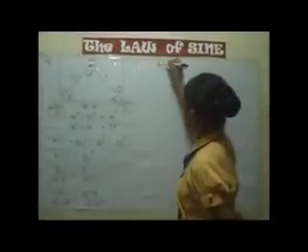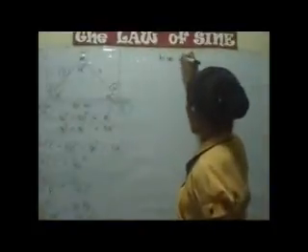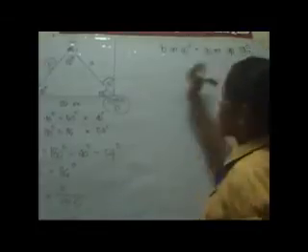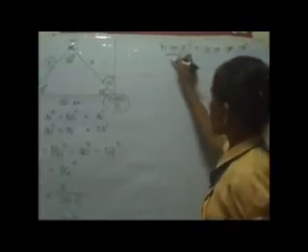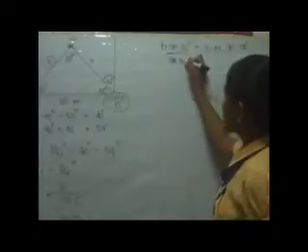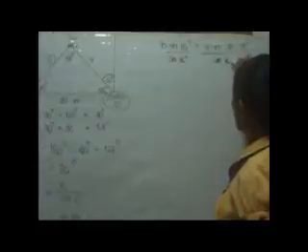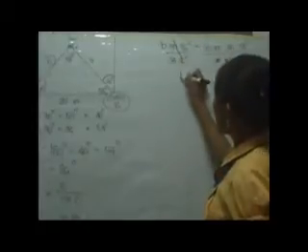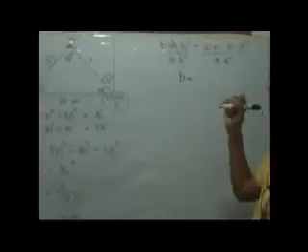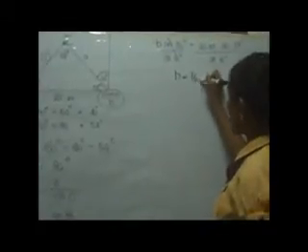By cross multiplication, we have b sine 86 degrees is equal to 20 miles sine 54 degrees. So divide both sides by sine 86 degrees. Sine 86 degrees cancel. We have b. By using the calculator, I got 16.22 miles.